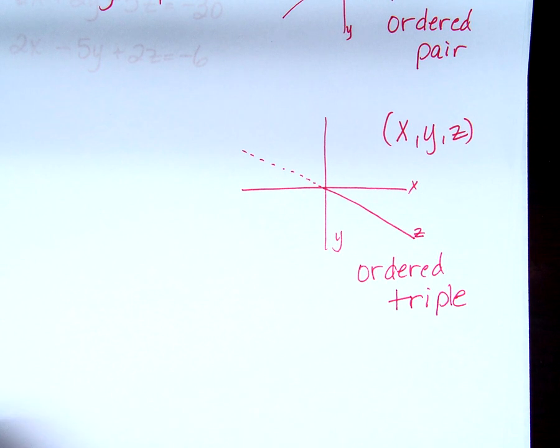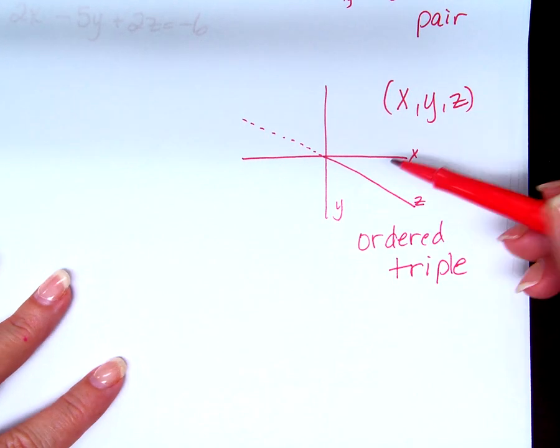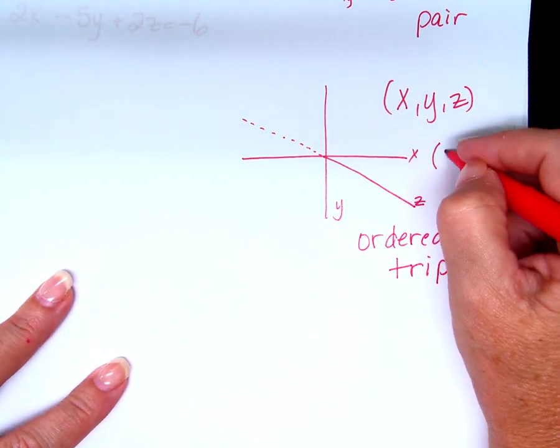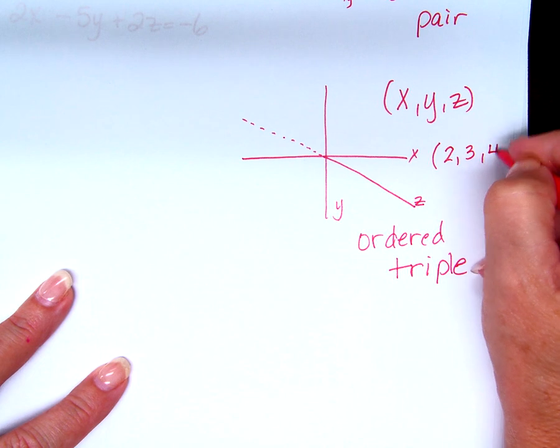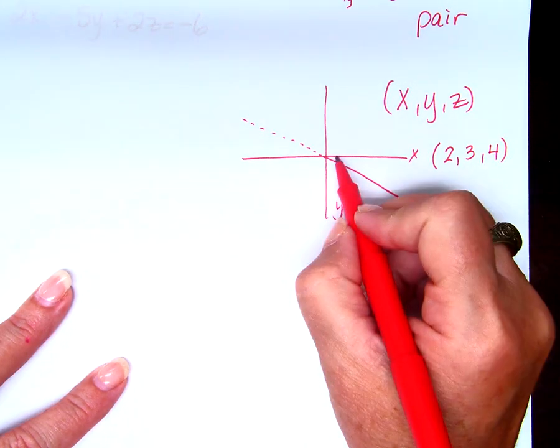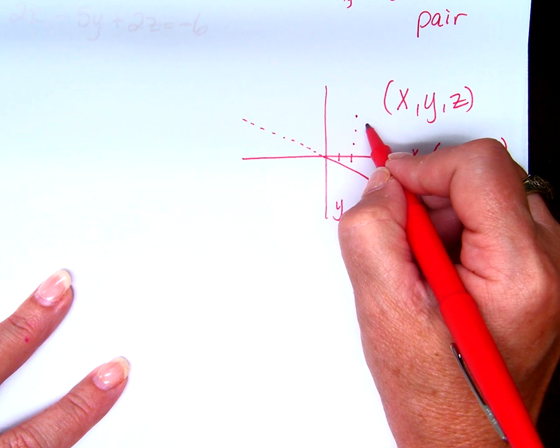Now, I am not asking you to graph these. I'm not asking you to solve them by graphing. I want you to know that it's possible because I want you to know how to write your answer. For the record, if this was like 2, 3, 4, for example, we would go right 2, up 3, and out 4.